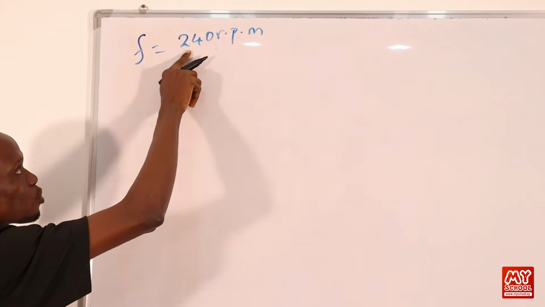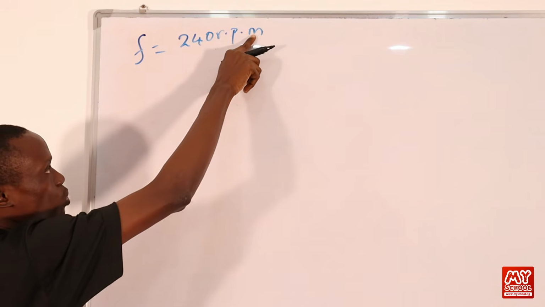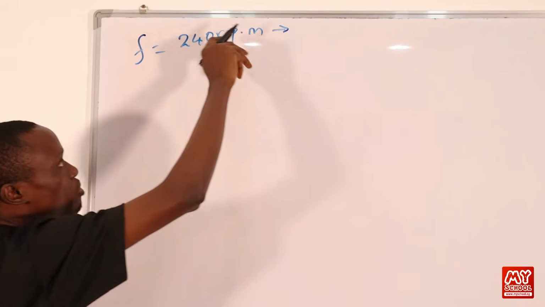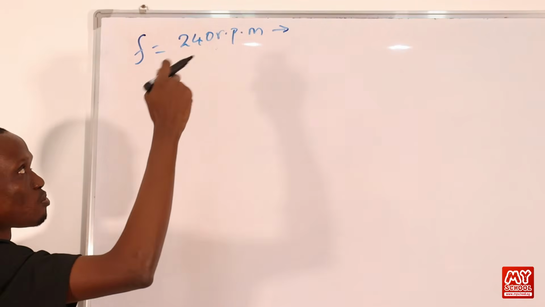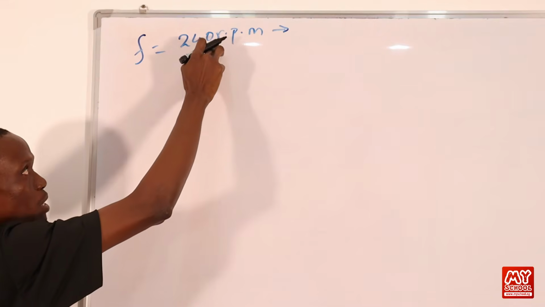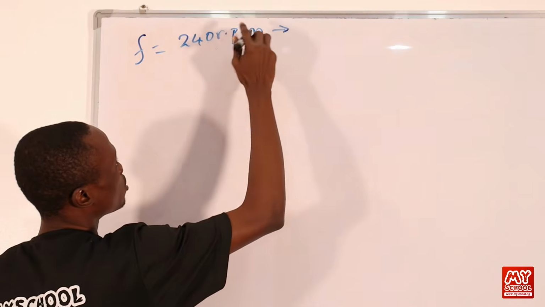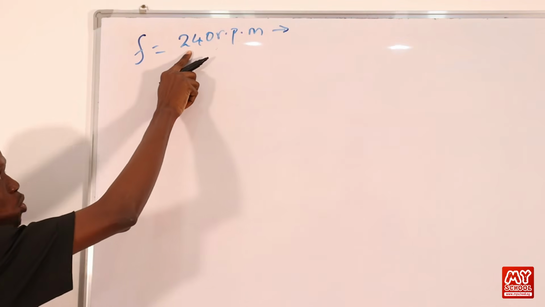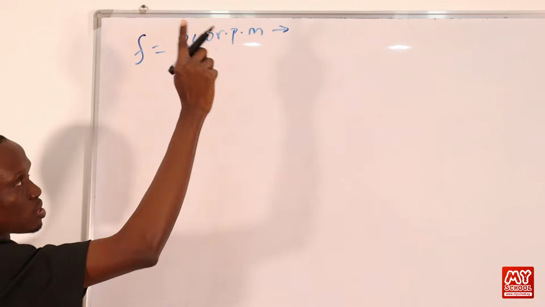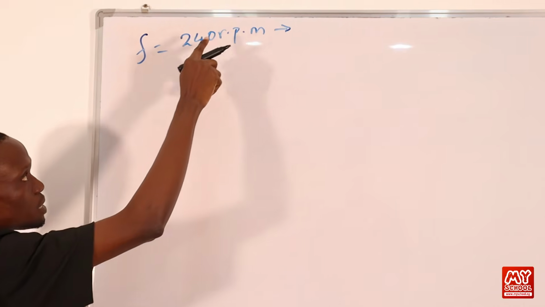But remember that our frequency cannot be in minutes, so we have to convert this to seconds, so that at the end of the day, we'll have revolutions per second, not revolutions per minute, because this term RPM simply defines frequency. In that case, we simply divide 240 by 60, because 1 minute is equal to 60 seconds.